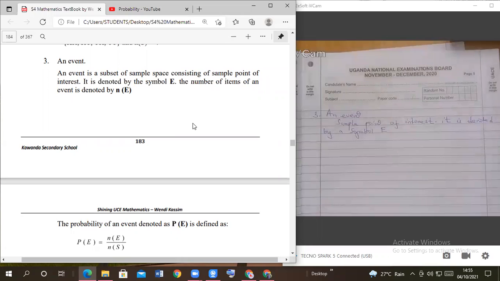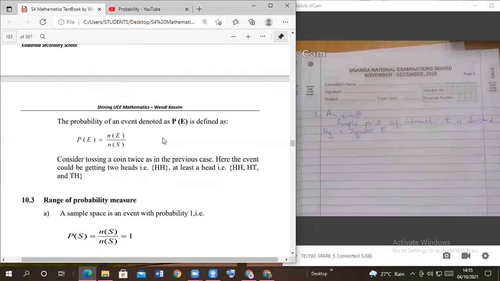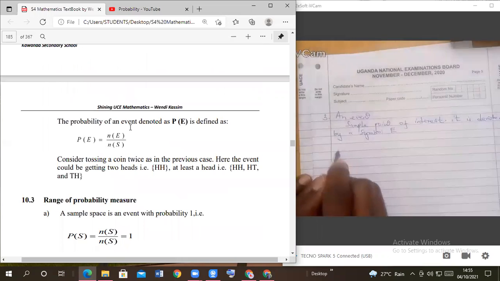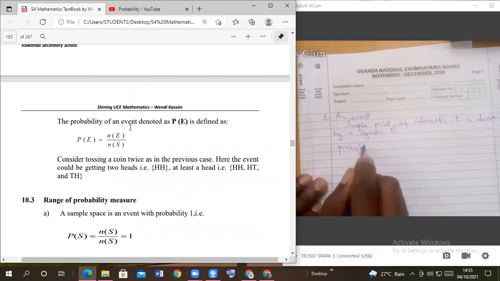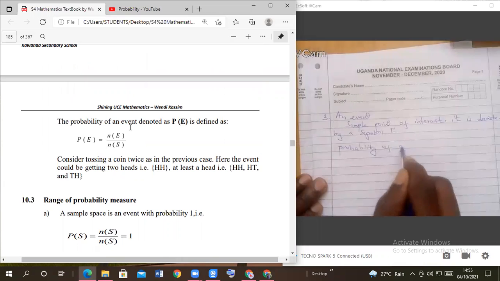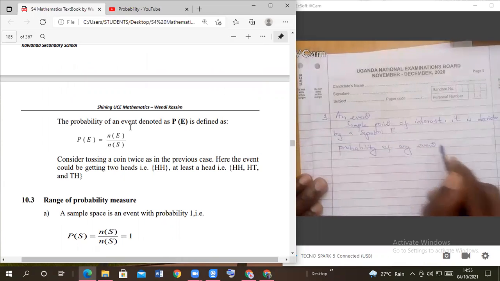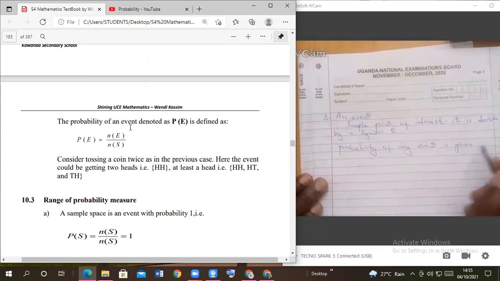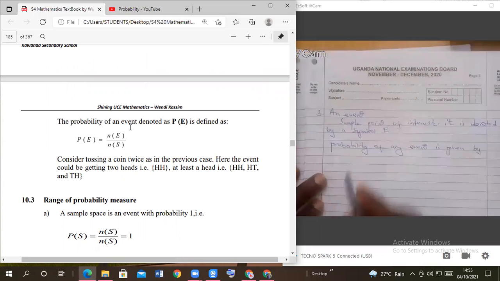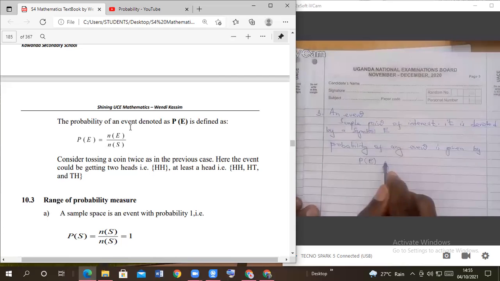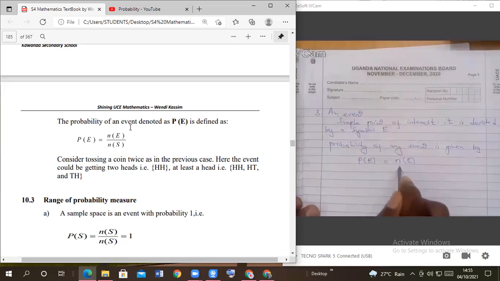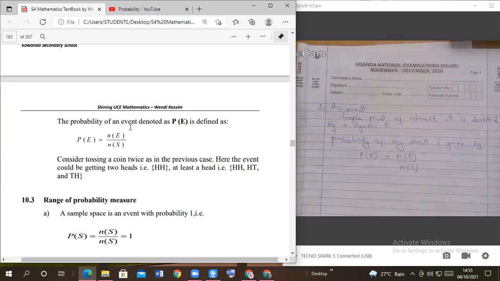Now, how do you get probability? We said the probability of any event is given by the number of events divided by the number of sample space.